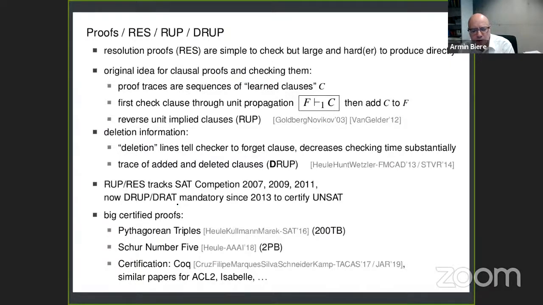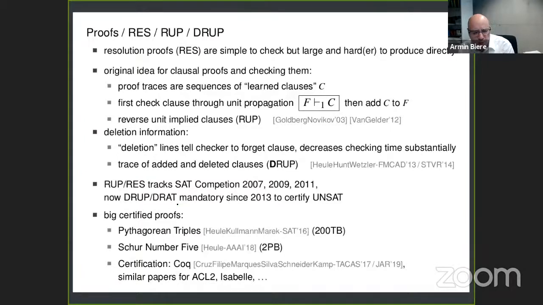Which is a kind of contradiction, because when we use these notions of redundancy, you want to remove clauses, while in proofs you want to add clauses, and at the end, of course, the empty clause.